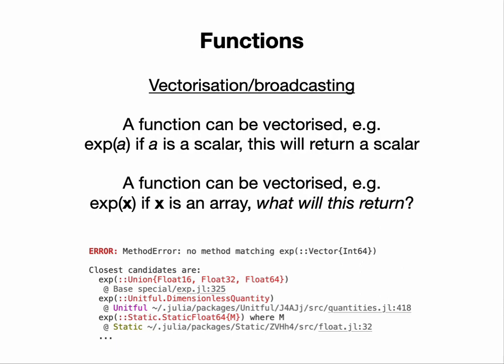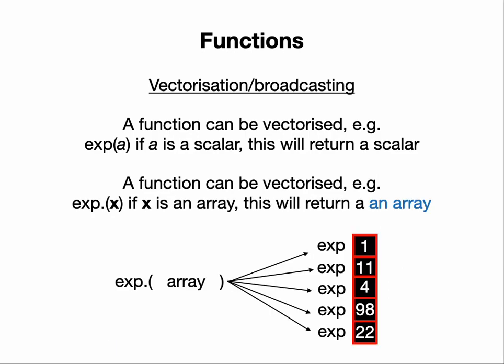This is because what we want to do here is to broadcast exponential to all entries of an array. So what we would like to do is to provide an array and take the exponential of each of the entries of this array.